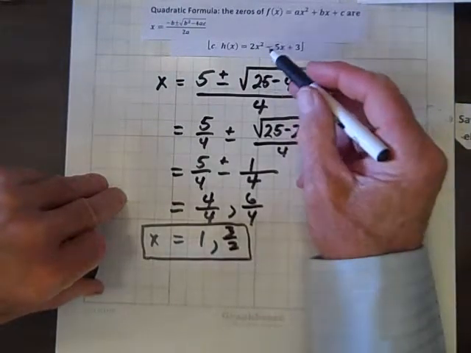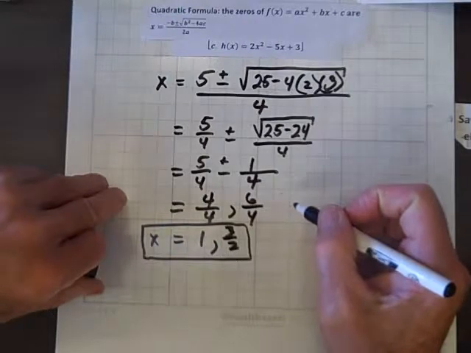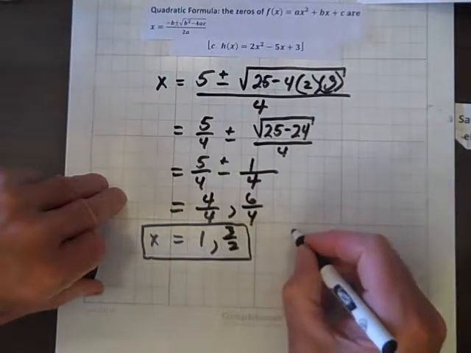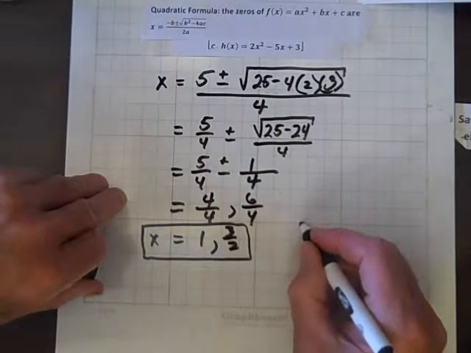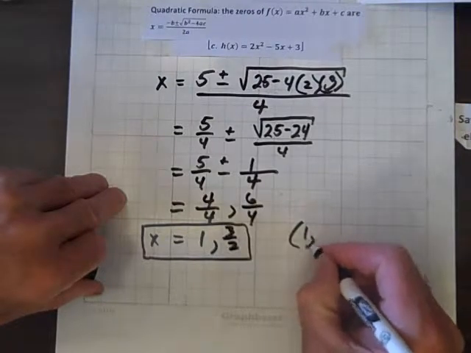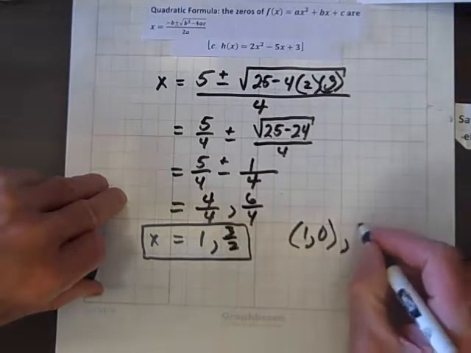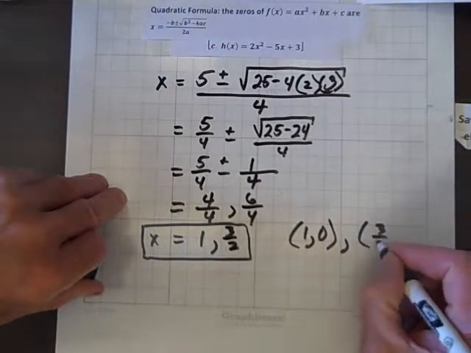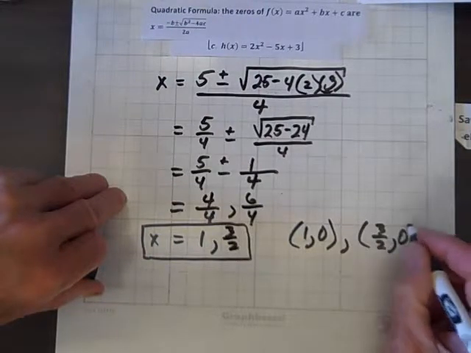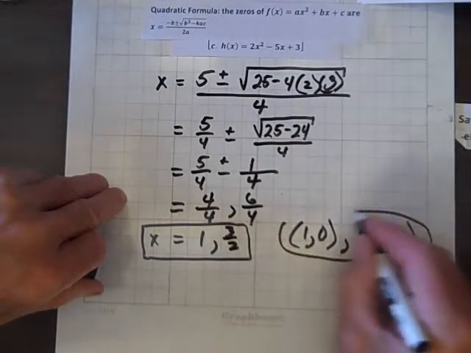Either way, those two values of x will take that function to 0. The corresponding ordered pairs are (1, 0) and (3/2, 0). And we're done.